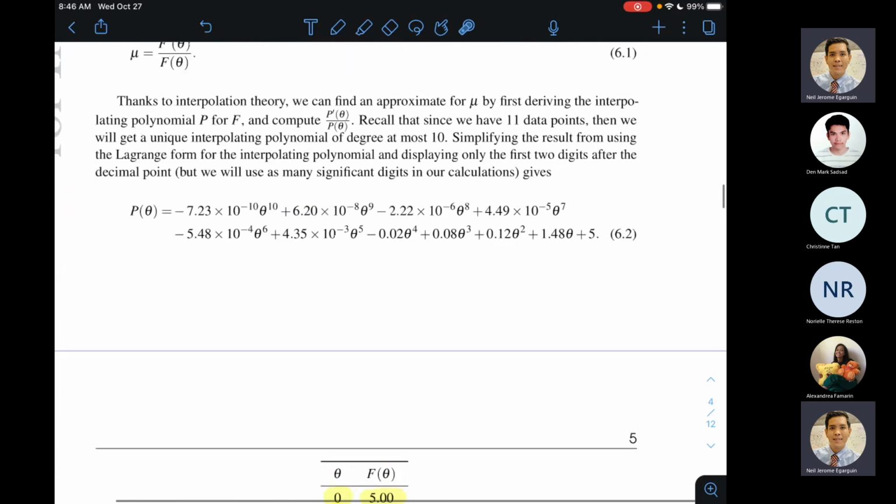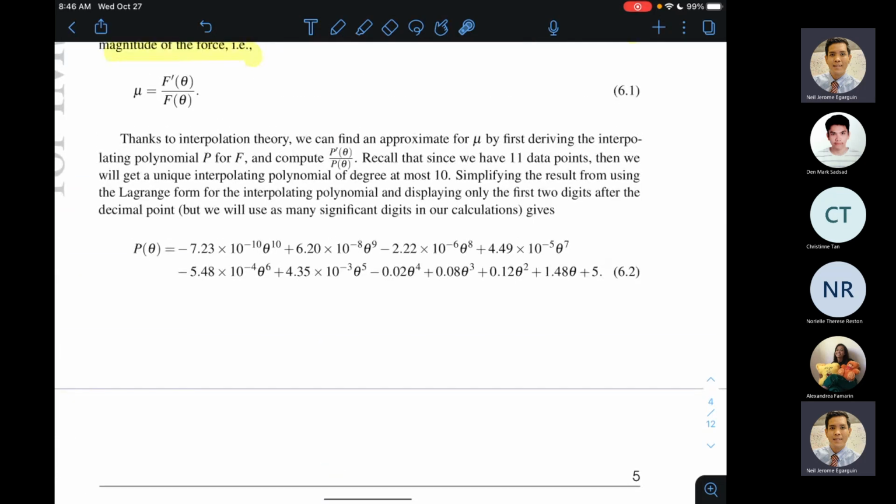To 5 pi. And this is what I'll use instead of the function F in formula 6.1.